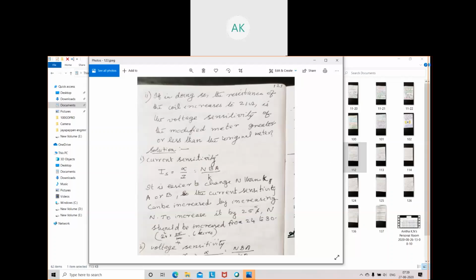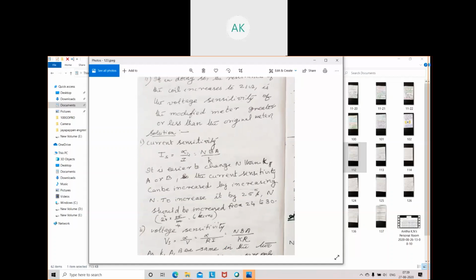The current sensitivity formula we have studied is alpha, deflection per unit current. The formula NIBA equals K alpha is used here, and deflection per unit current, alpha by I, equals NBA by K. So how can you increase the current sensitivity? That is also an important question.